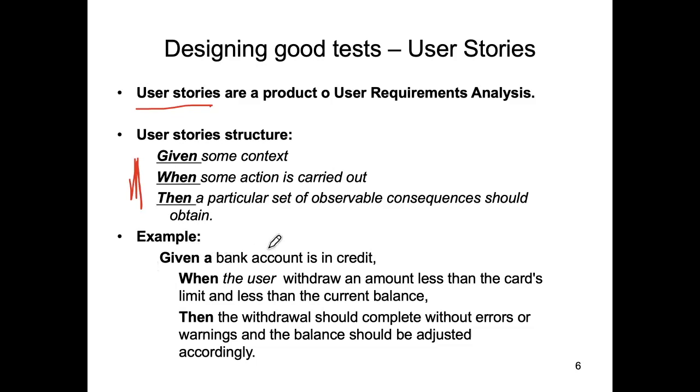So given that the bank account is in credit, that's our context. When the user tries to withdraw an amount that is less than their current balance, then this is what you expect to happen. This is what the piece of application code should do.